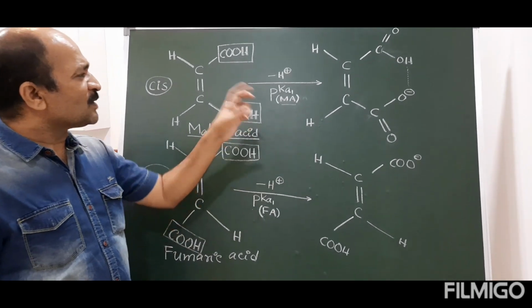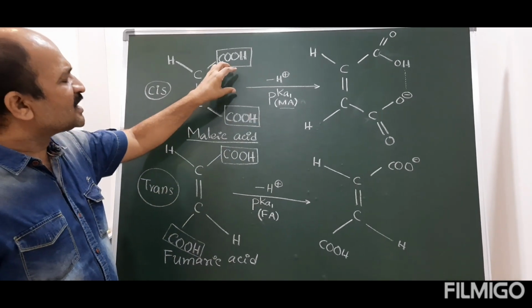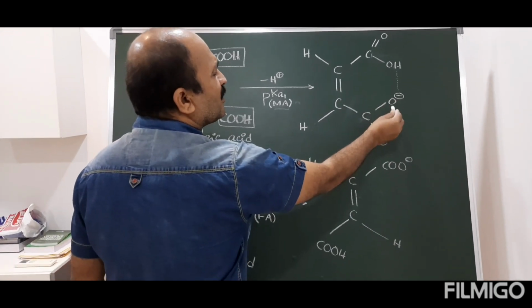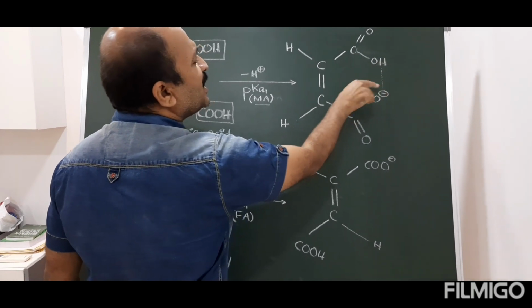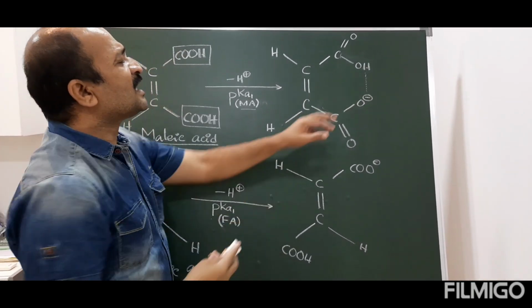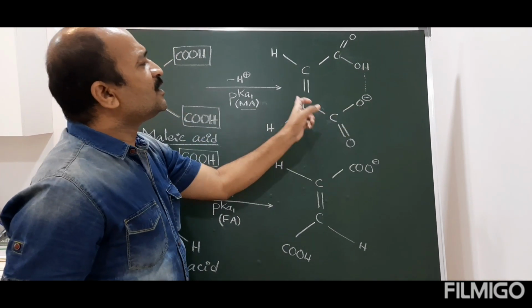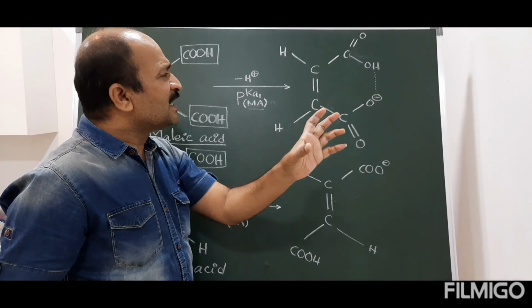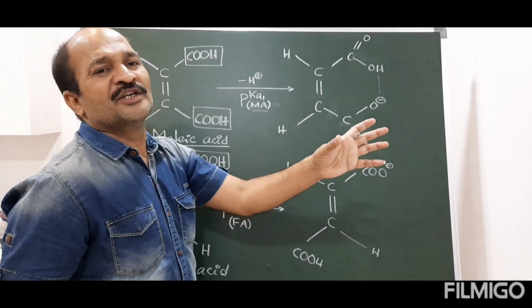One more point which supports the stronger acidity of maleic acid is that after the formation of the carboxylate ion, it makes a hydrogen bond with the other OH group and a chelated, cyclic compound is formed. Generally, cyclization gives stability to the molecule.